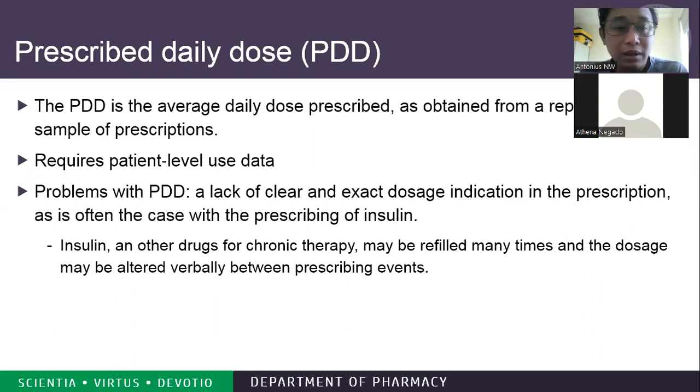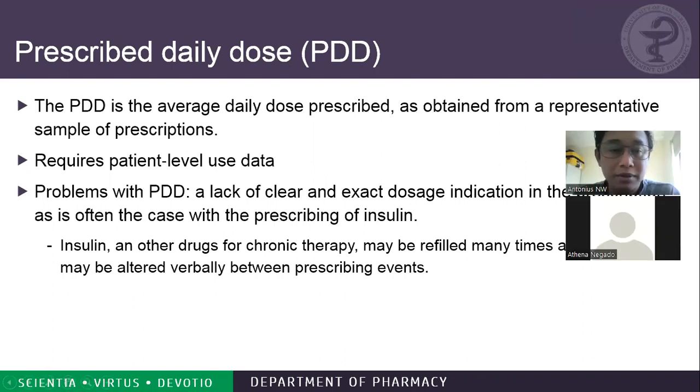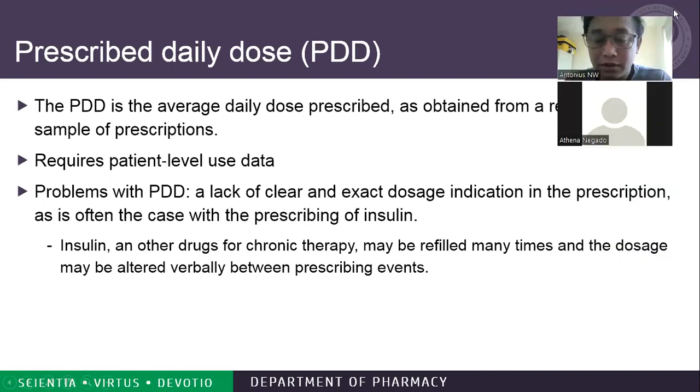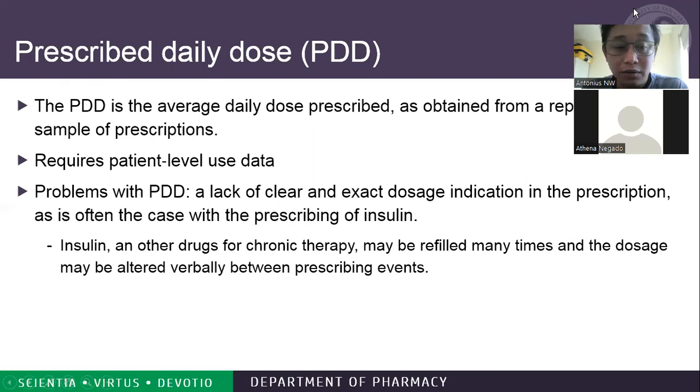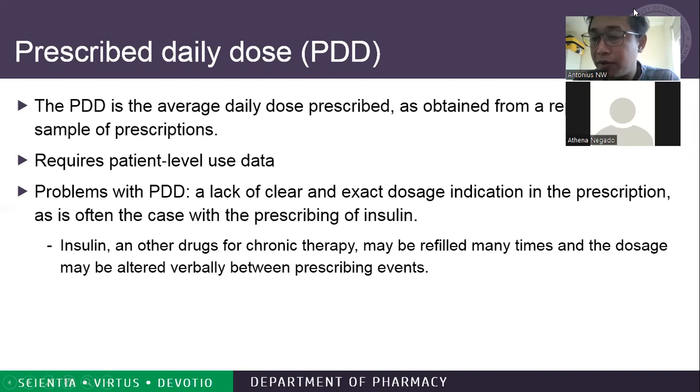It is the average daily dose prescribed as obtained from a representative sample of prescriptions, but it has limitations: the lack of clear and exact dosage indications in the prescription, as is often the case with the prescribing of insulin.